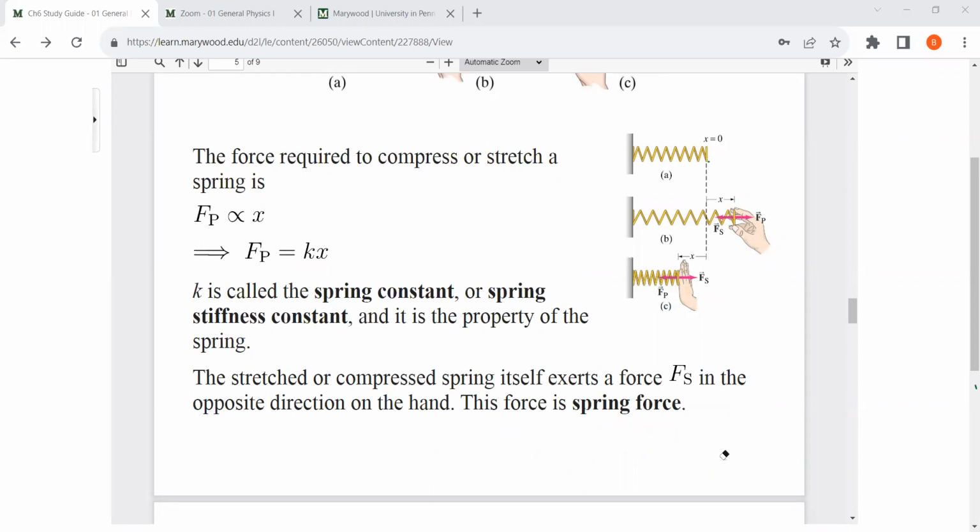Now, mathematically it means the restoring force or the spring force will be equal in magnitude but opposite in direction to the applied force. So the mathematical definition of the restoring force is minus kx.